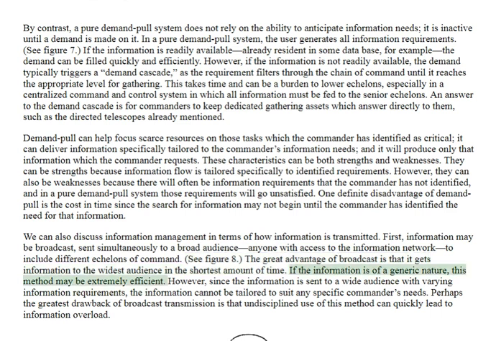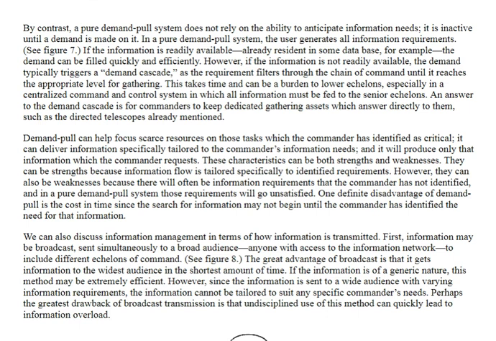If the information is of a generic nature, this method may be extremely efficient. However, since the information is sent to a wide audience with varying information requirements, the information cannot be tailored to suit any specific commander's needs. Perhaps the greatest drawback of broadcast transmission is that undisciplined use of this method can quickly lead to information overload.